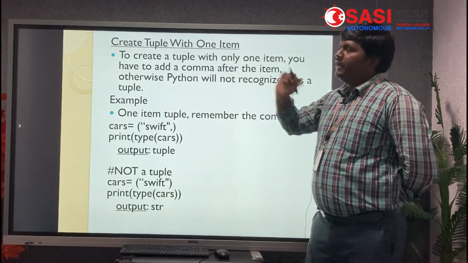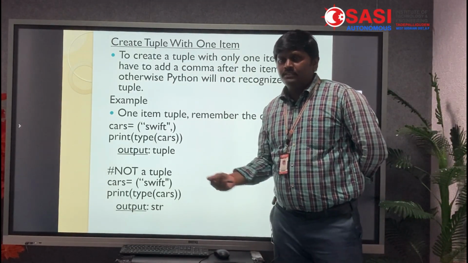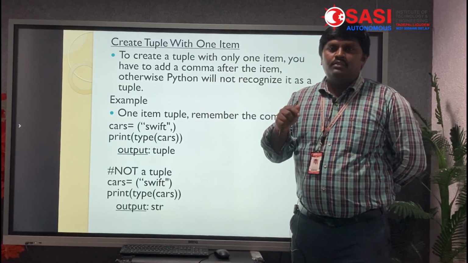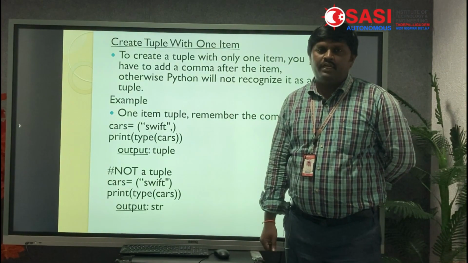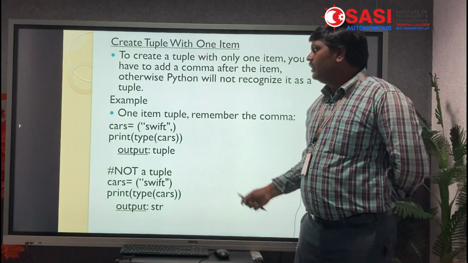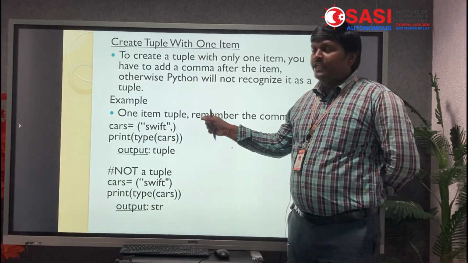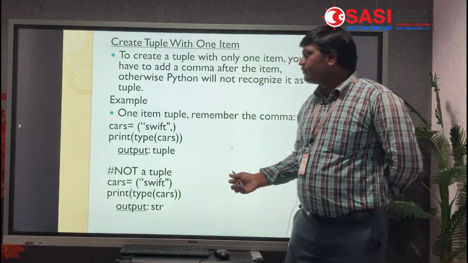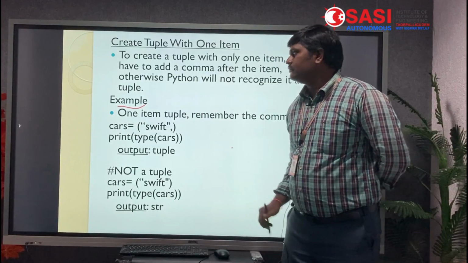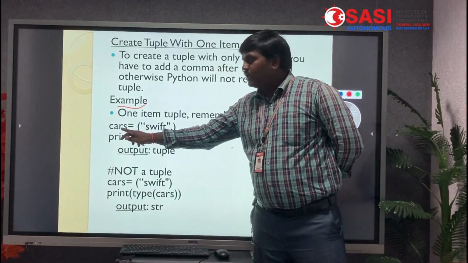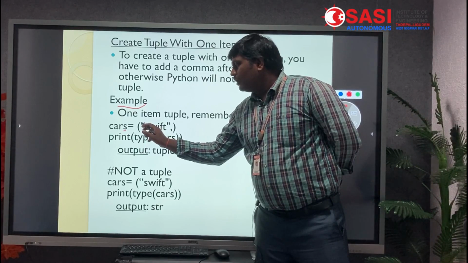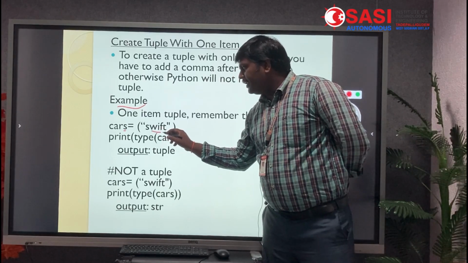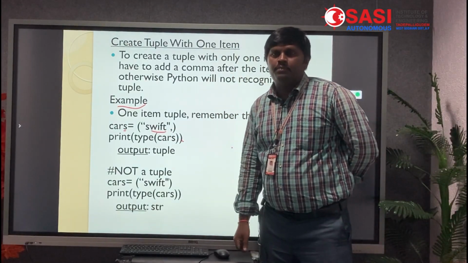Create a tuple with one item. In the previous example, we created a tuple with different tuple items. Here we are creating a single item. Please observe carefully. Example, cars is the tuple name. Within the parenthesis we are declaring a single tuple item.